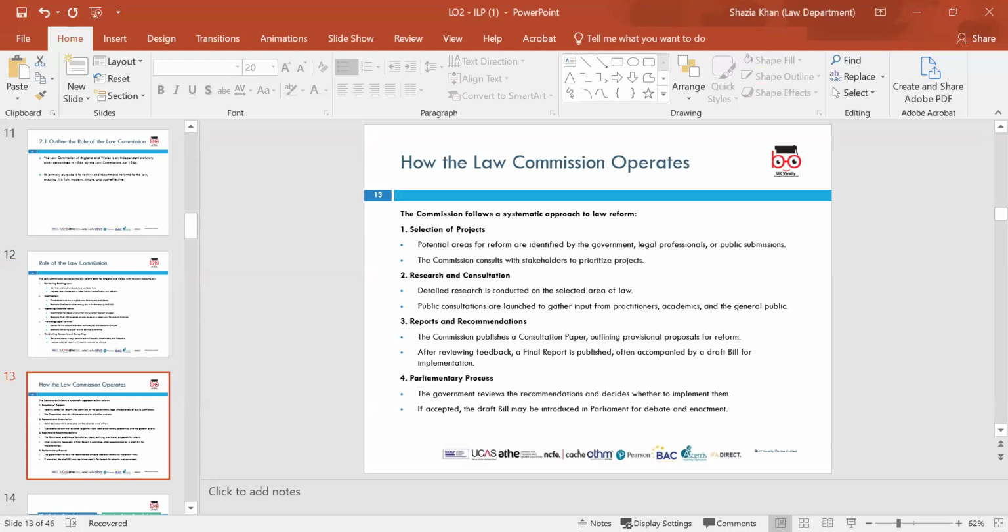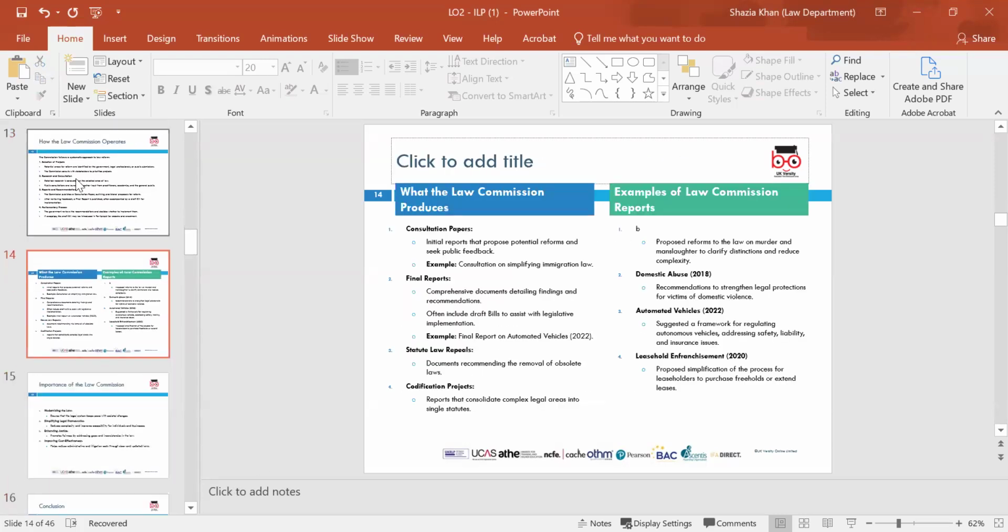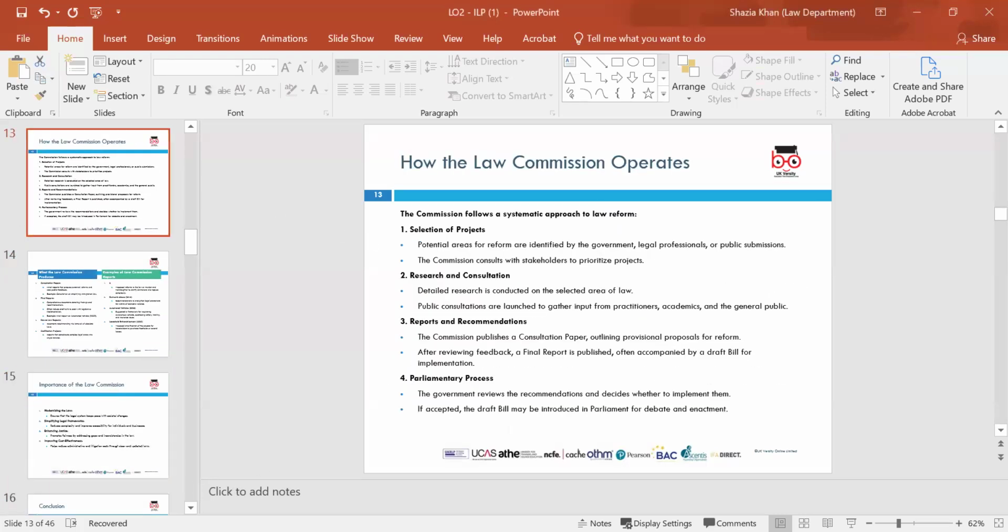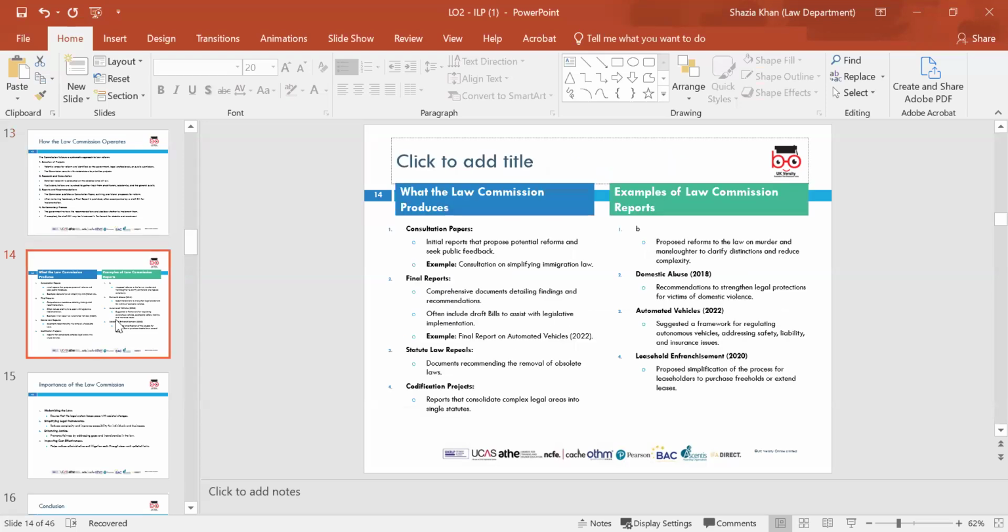The stages are initiation stage, pre-consultation stage, consultation stage, and policy development, and all stages of the work from the selection through to making recommendations will impact on reform, identifying areas that need to be reformed within the Law Commission.